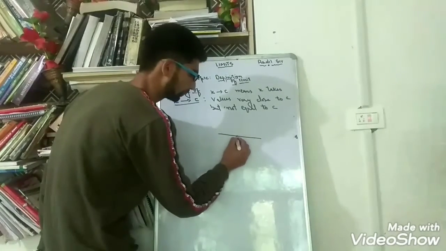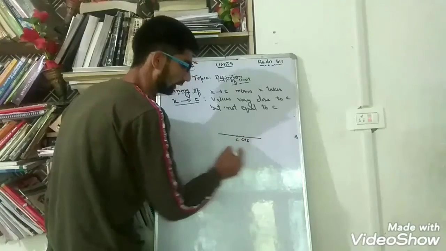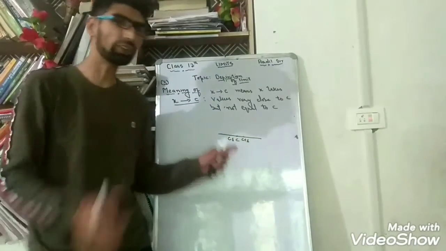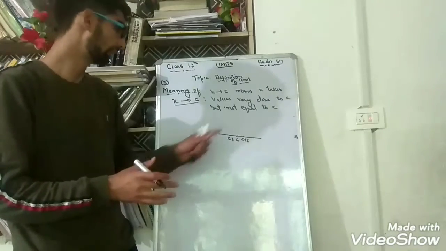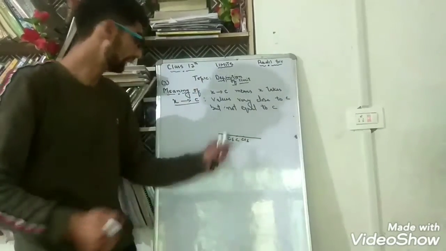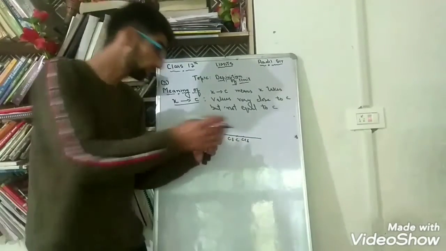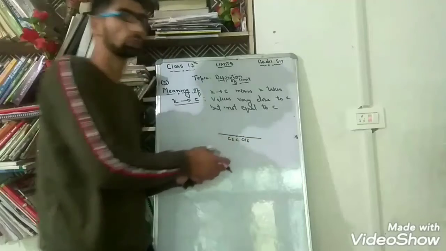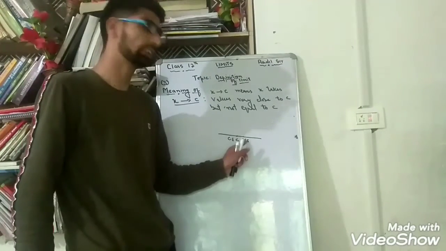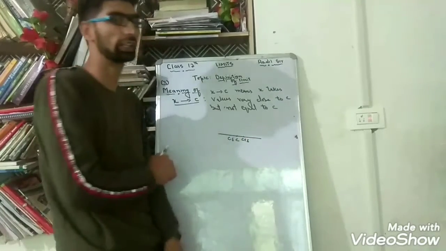We know if we have this point c, here we have c plus delta and c minus delta. If we take this delta very small, the values between c and c plus delta, and the values between c minus delta and c, are very close to c. So I can say that all the values between c minus delta and c plus delta, except c, are tending to c.